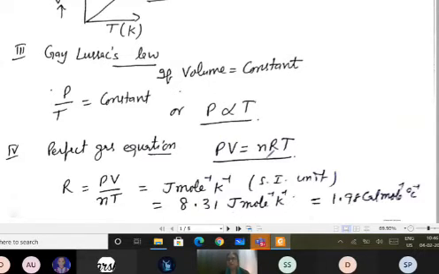If I take 1 mole of the gas, then simply you can write PV equals RT, where R is the gas constant, and its units are joule per mole per Kelvin. I'm getting the value 8.31 joule per mole per Kelvin. And in the CGS system, I'm getting 1.98 calorie per mole per degree Celsius. These values should be known to you, because you can use them in the numericals if required.